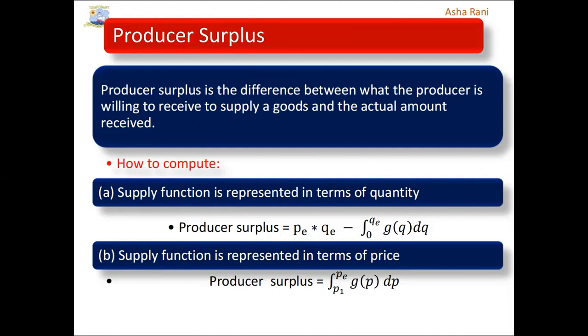This is why producer surplus depends on the supply function and can be calculated with the formula: PE, the initial price, and QE, the initial quantity, give the total revenue, the initial revenue minus the revenue after supplying. So the supply function is represented in these terms, where p is equal to the supply function.